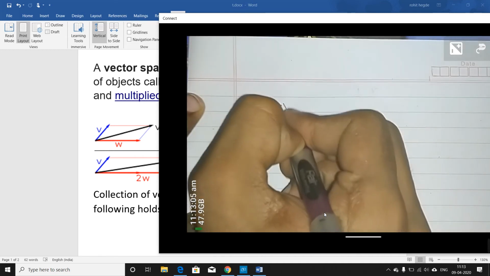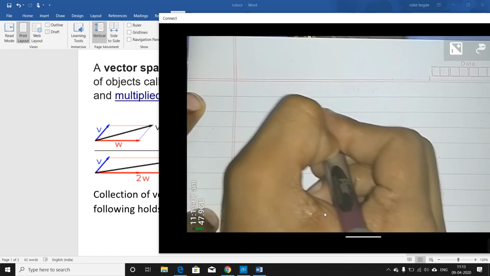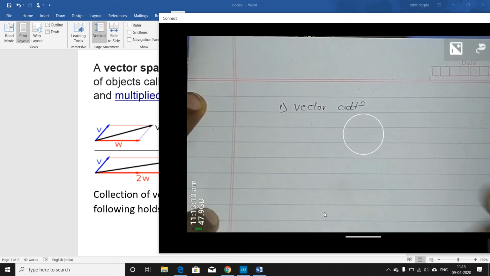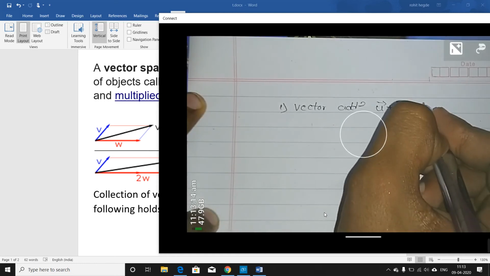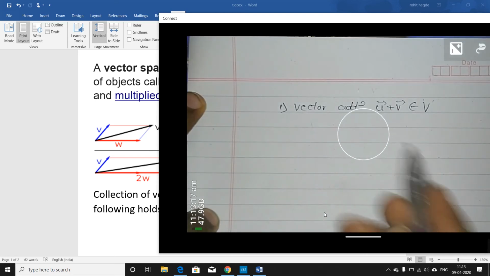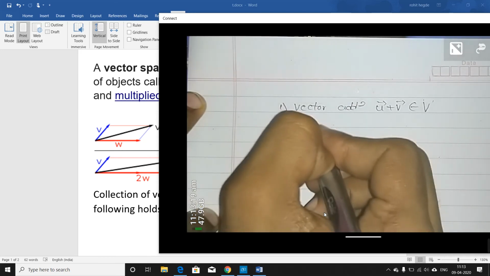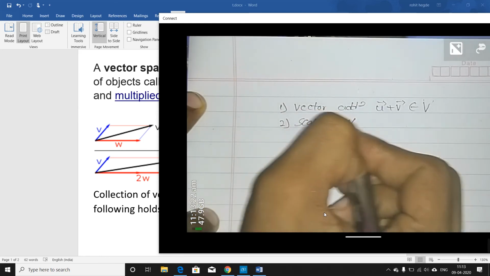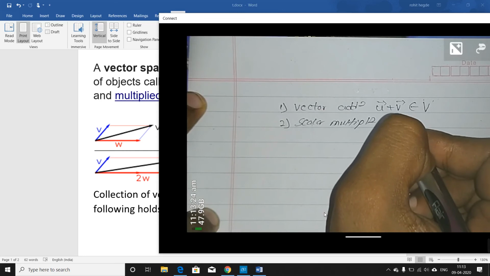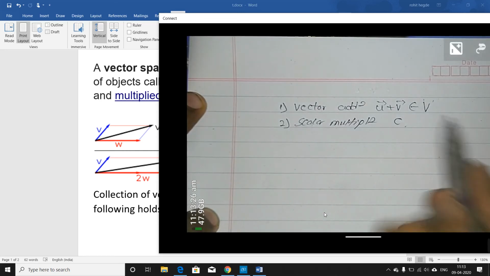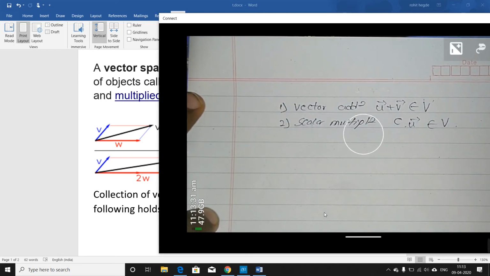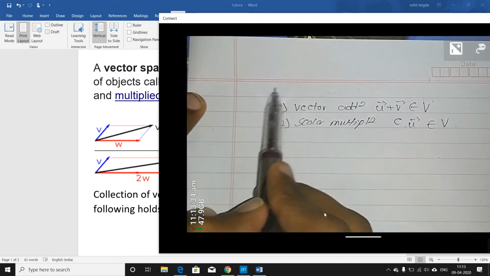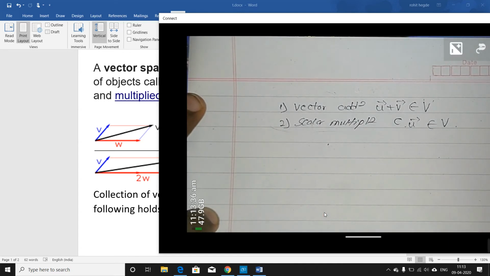Vector addition means u vector plus v vector should belong to the vector space V, and scalar multiplication means any constant c which belongs to R, c into u vector belongs to vector space V. If we verify these two, then we can call it a vector space.